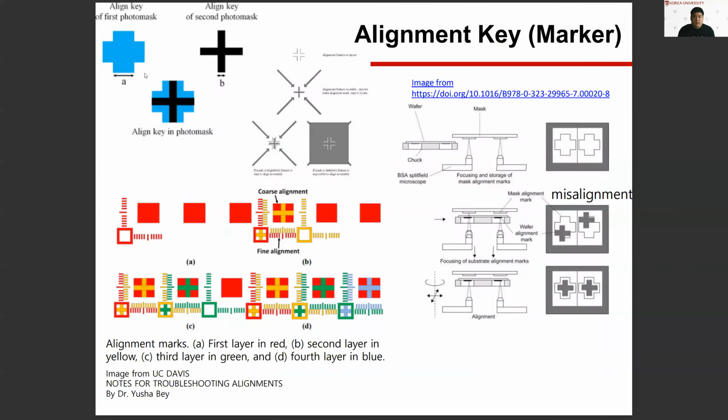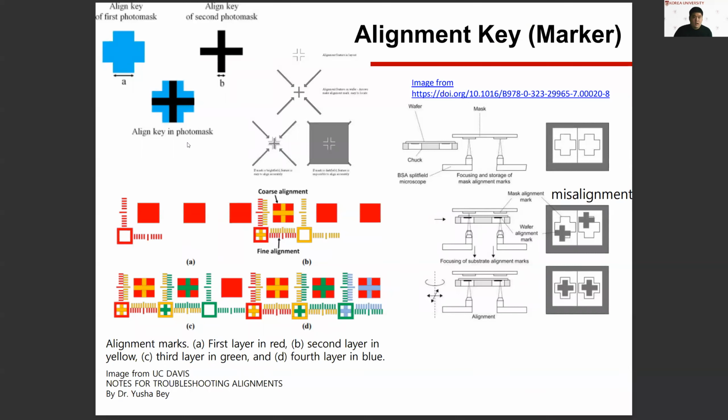This is the alignment key. Nowadays we need to make the lithography process several times. If the photomasks are not aligned, the actual pattern can be destroyed, or the pattern can be shorted or open circuit.